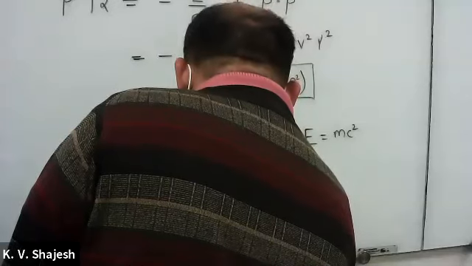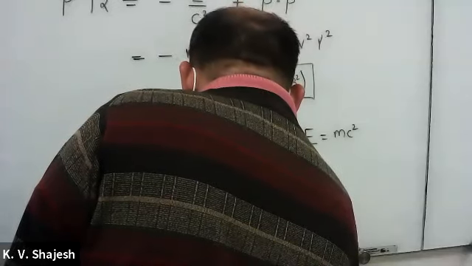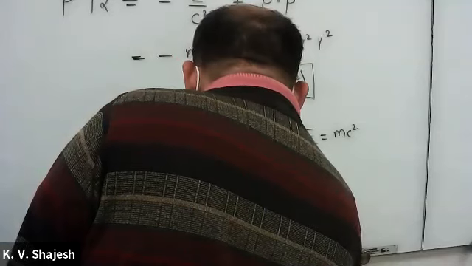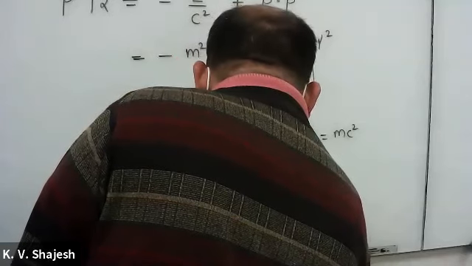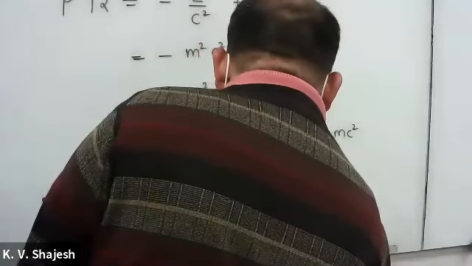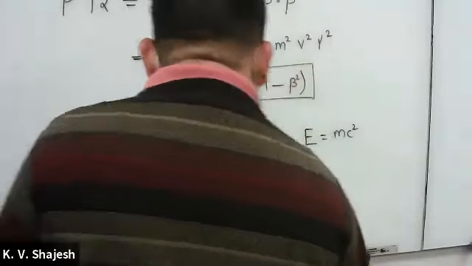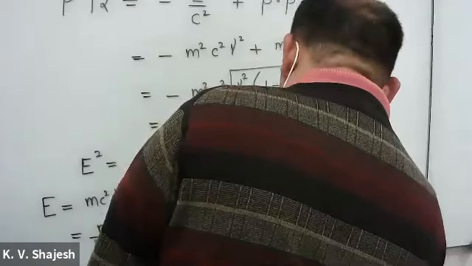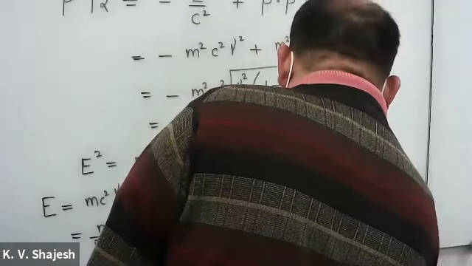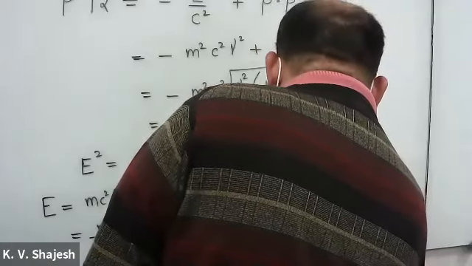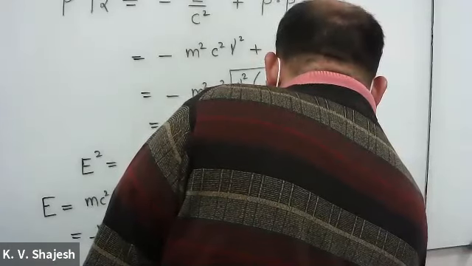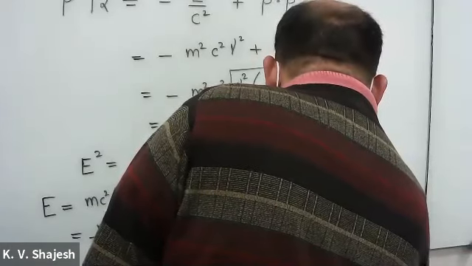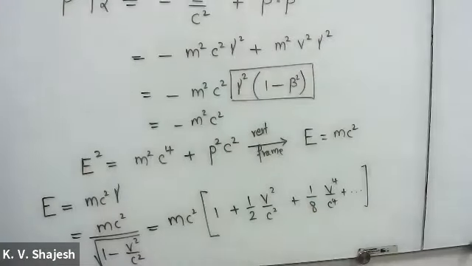So this is 1 plus 1 by 2 v squared over c squared plus 3 by 8, I think, v raised to 4 over c raised to 4. It's not important. We want output.